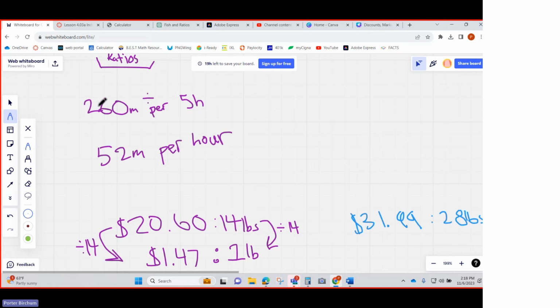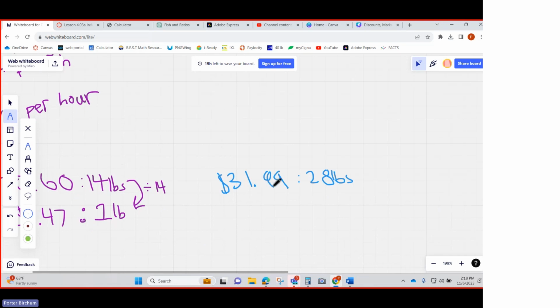So like here, 260 miles per 5 hours. To find the unit rate, I could do first number divided by second number. Here's $31.99 per 28 pounds.